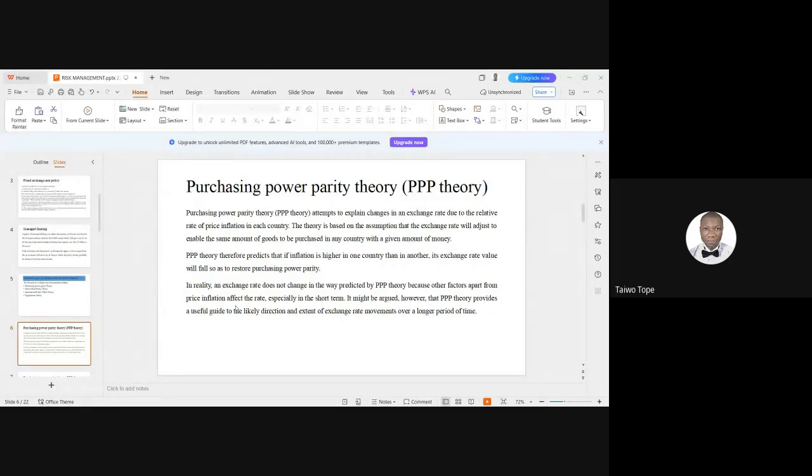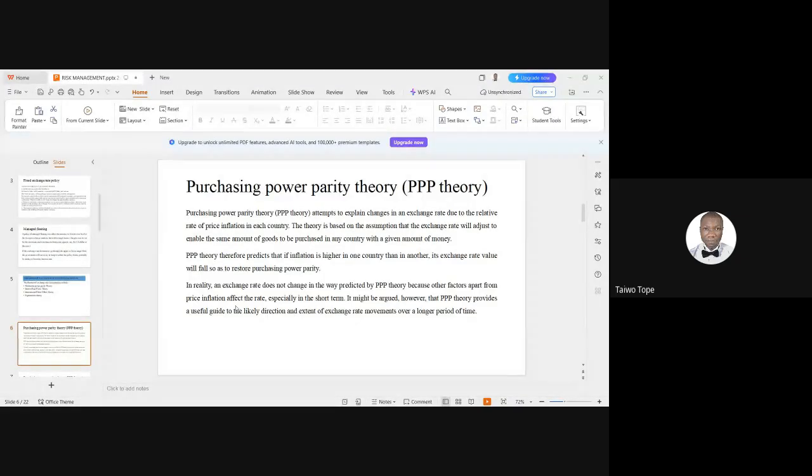It states that the price of goods should be the same in every market if there are no transaction costs, trade barriers, quotas for a particular good, and so on. So the theory assumes that the same product cannot have different prices in two different markets at any given point in time. That is purchasing power parity theory.